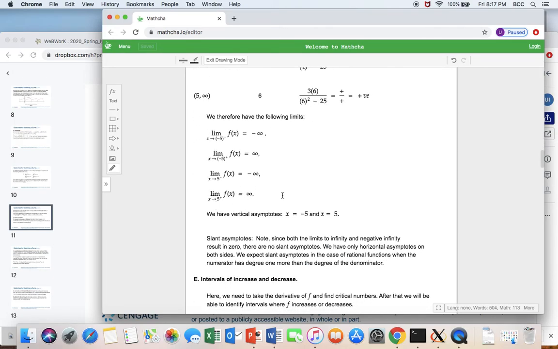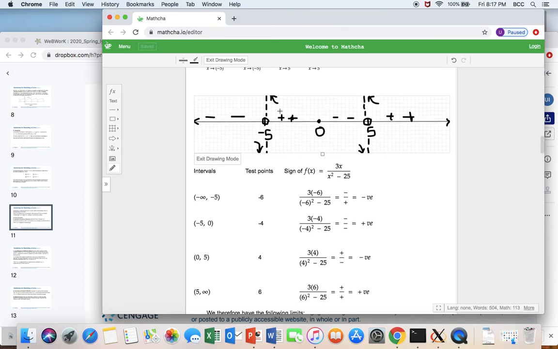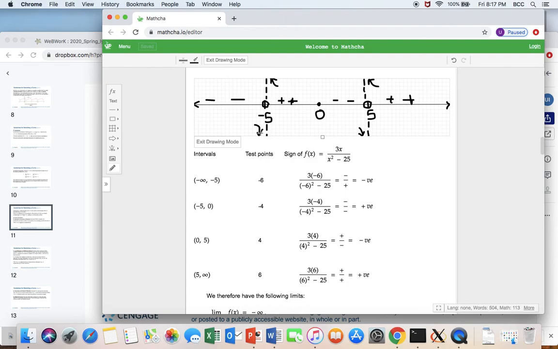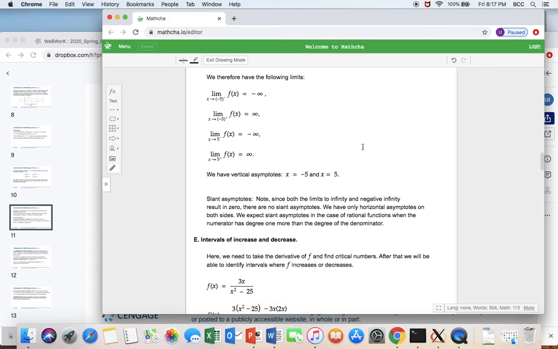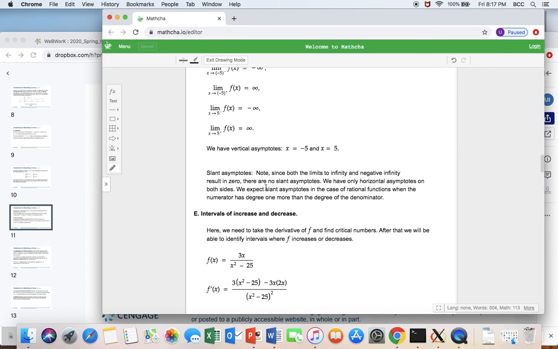So these are my limits. That gives me vertical asymptotes at negative 5 and 5, because these are going to some kind of infinity. Okay, so slant asymptotes.